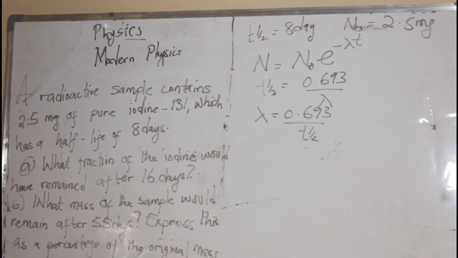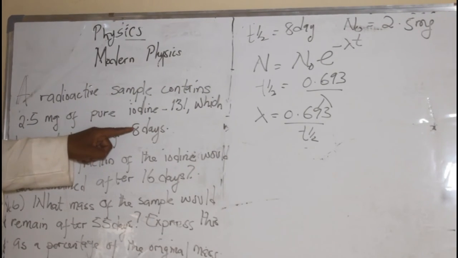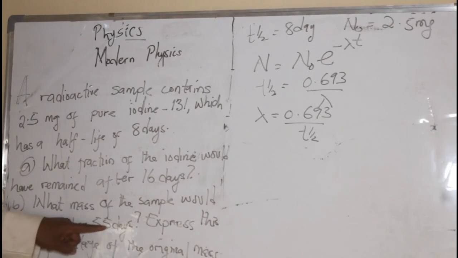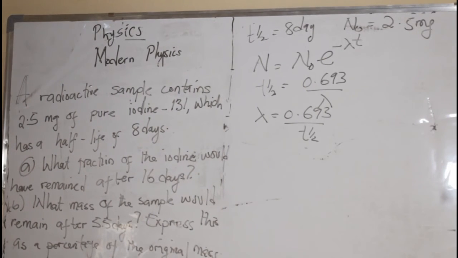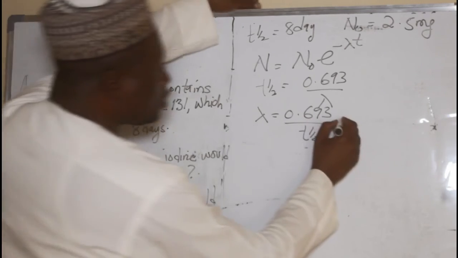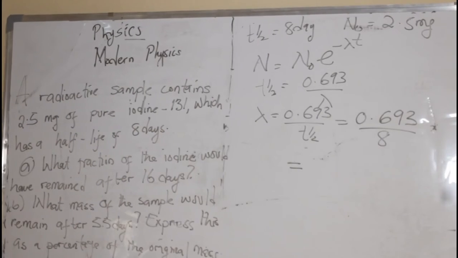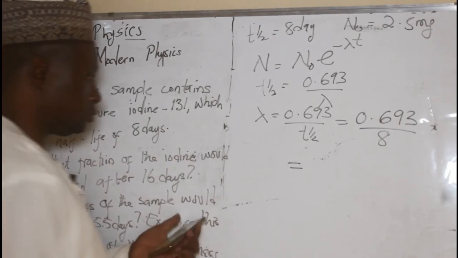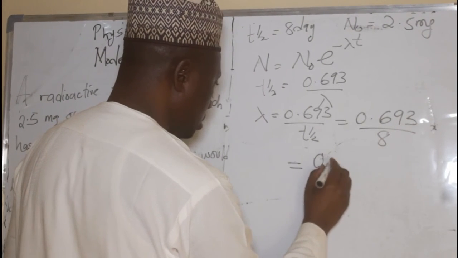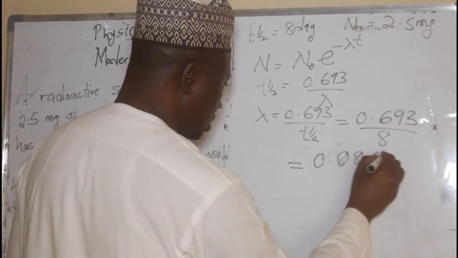But for this calculation we are not going to do that, because this is in days and this is in days; whether we do the conversion or not, the final answer is not affected. But it's good that you always write time in seconds. So this is going to be 0.693 all over the half-life, which is 8. Divide 0.693 by 8. Zero point 086625.